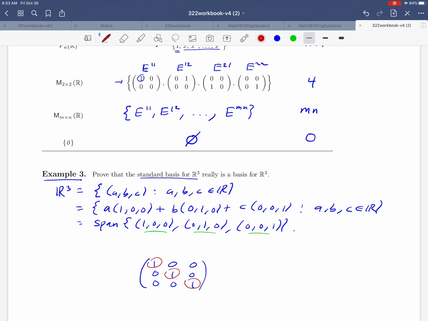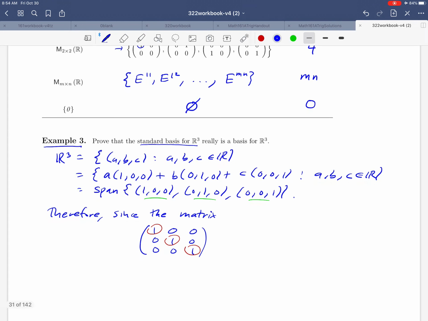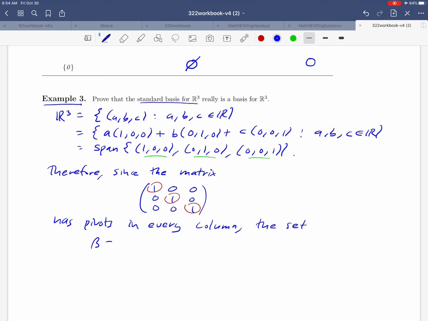Okay, we've got our 3 pivot positions there, and so our comment would be, okay, since the matrix below has pivots in every column, the set beta, just consisting of those 3 vectors, (1, 0, 0), (0, 1, 0), and (0, 0, 1), is linearly independent and therefore a basis.